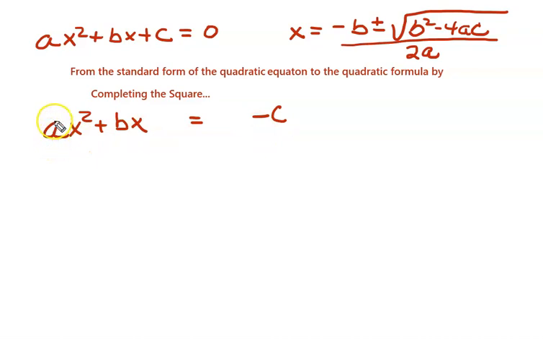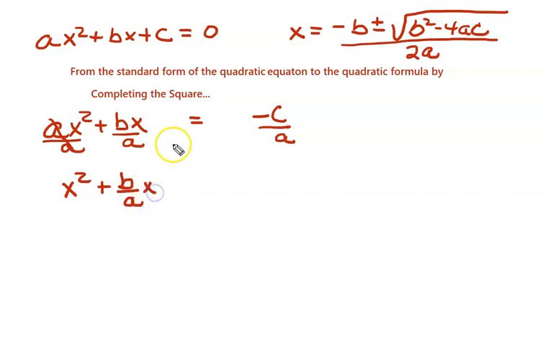We also want to get rid of any coefficient of our x squared, which is in the place of a here, by dividing out the a. Now the a's cancel out and we get x squared plus b over a x, and we transposed our c term, so we don't have a c term here.